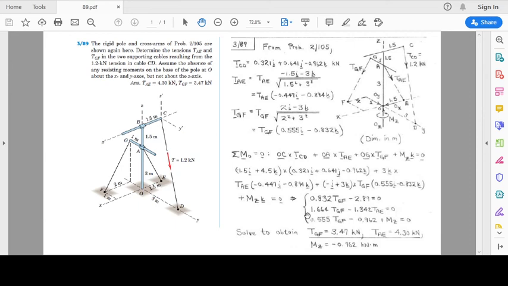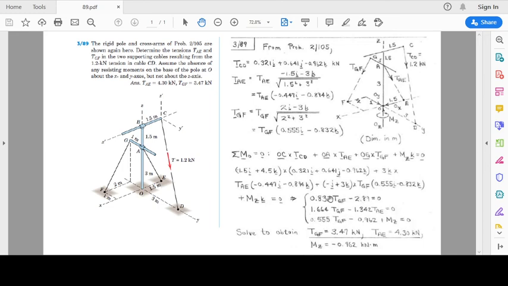From these 3 scalar equations we can find the values of TGF, TAE, and we can also find Mz, although it is not asked in the problem. We just have to determine the tensions TAE and TGF in the supporting cables resulting from the 1.2 kN tension in cable CD. Anyway, we can very conveniently find Mz from the third equation.